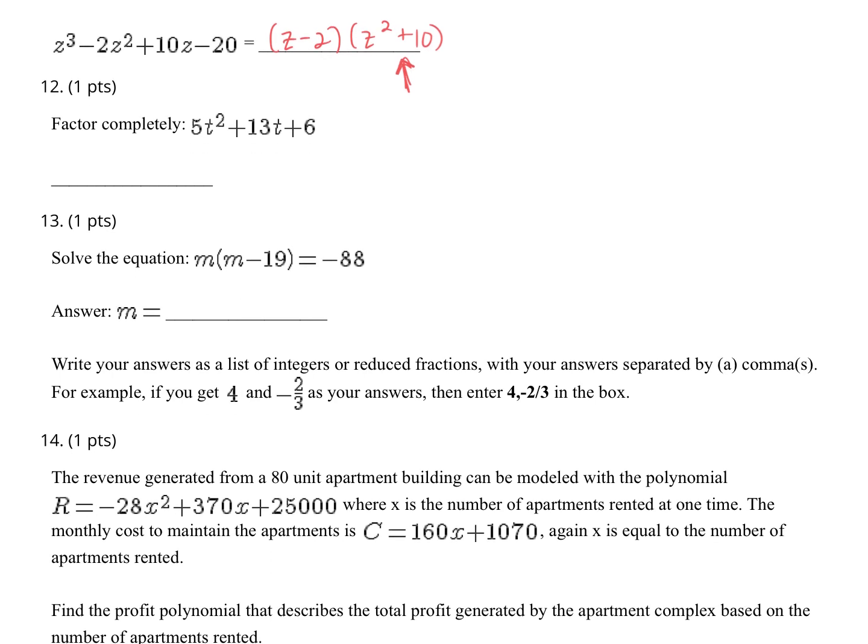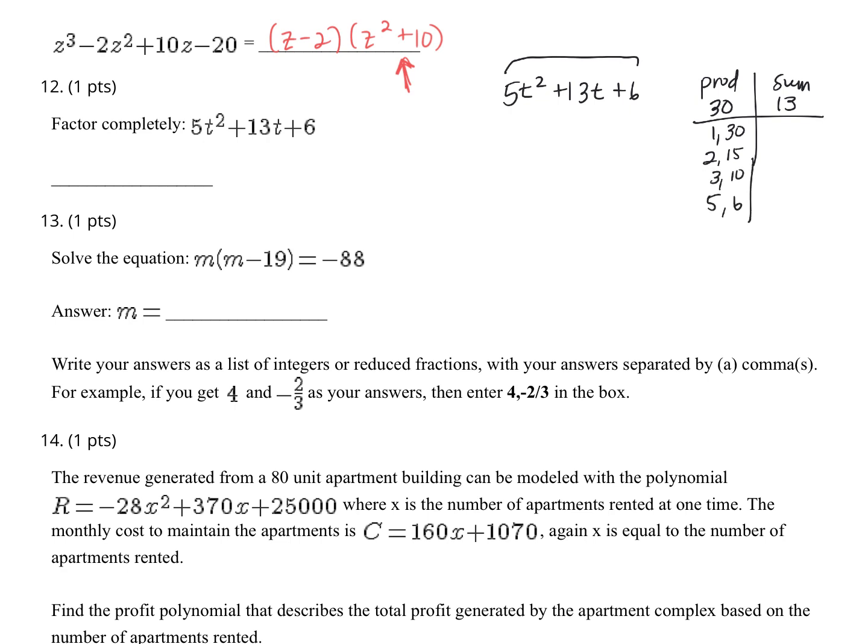All right, number 12, factor completely. So we're not solving, we're just factoring. So we have 5t squared plus 13t plus 6. So we need the product to be 30, 5 times 6, and we need the sum to be the middle number, which is 13. So I can go through and make my list.